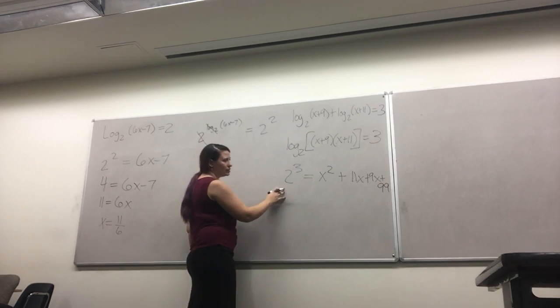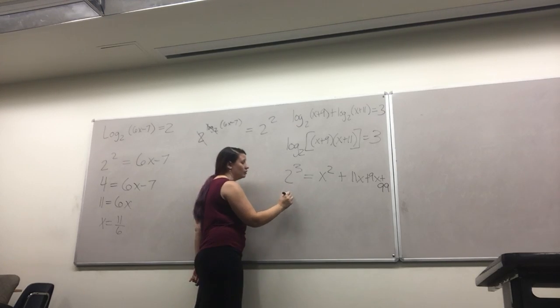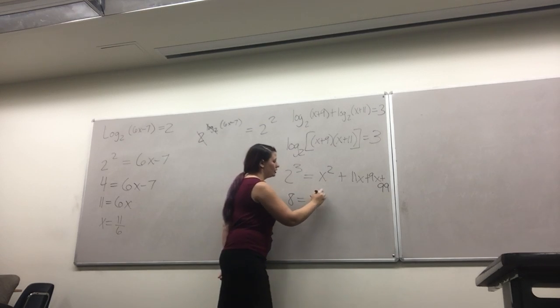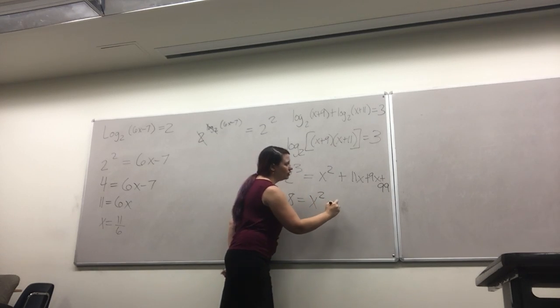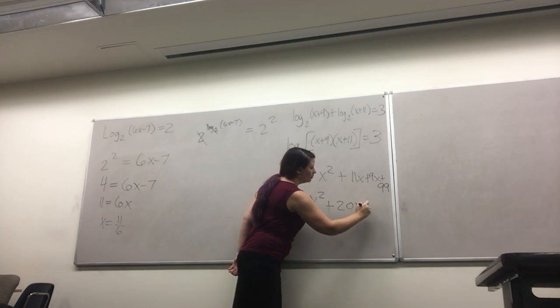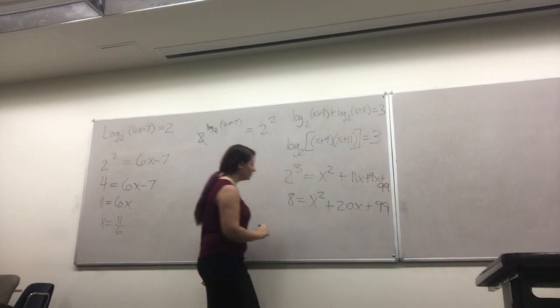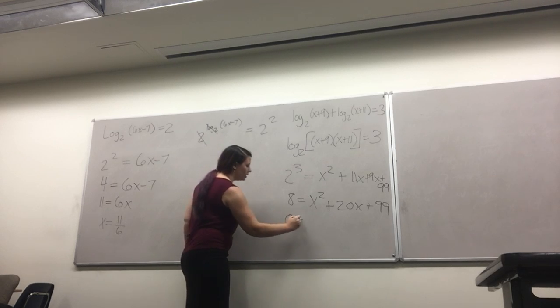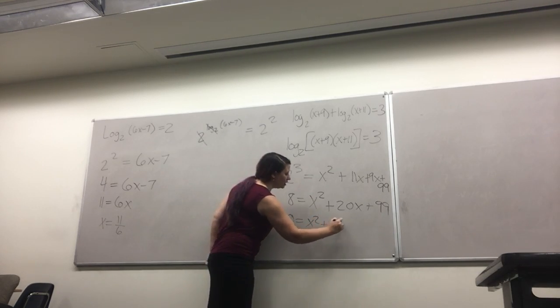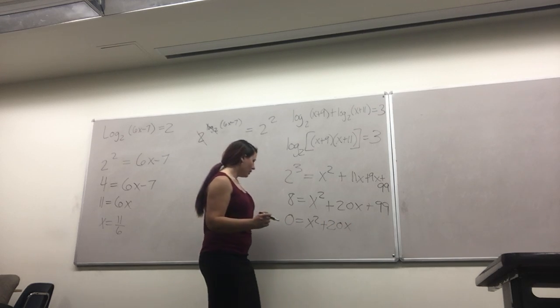So then, let's simplify, combine like terms and so forth. 2 cubed, 8, equals x squared plus 20x plus 99. So then 0 is equal to x squared plus 20x, what plus 91?